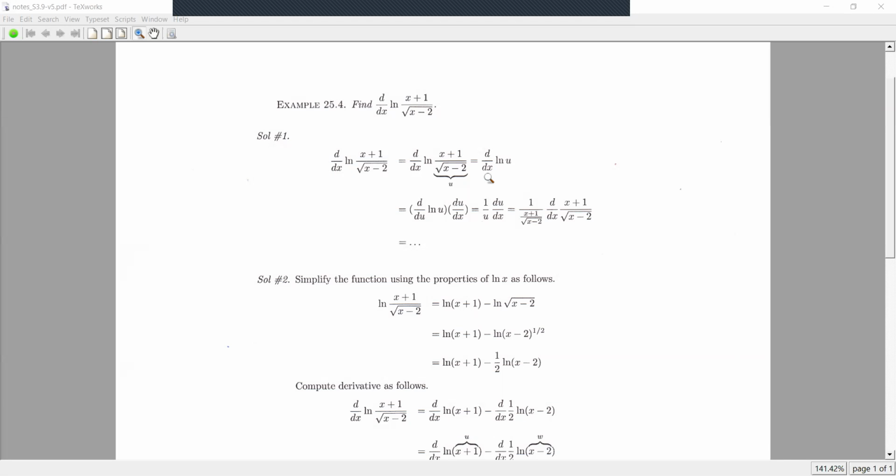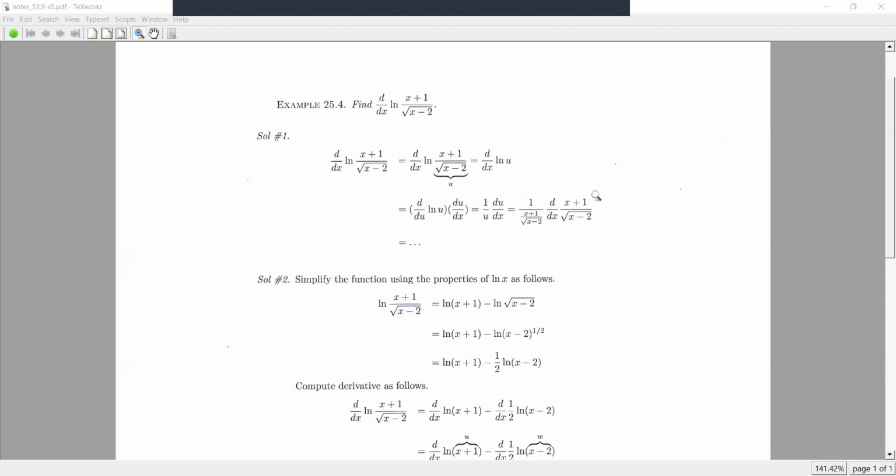By the chain rule, I write this derivative as the product of these two derivatives. The derivative of natural log of u with respect to u is 1 over u. Now, plug in this quotient for the u here, then I have this equation.